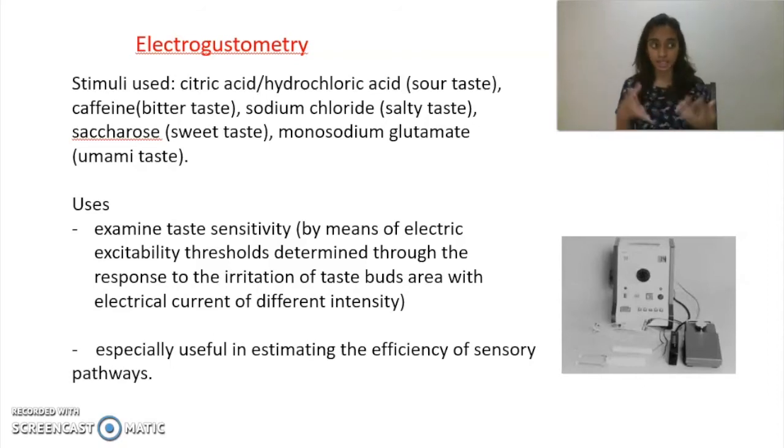This technique is especially useful in estimating the efficiency of sensory pathways. The stimuli used are citric acid or hydrochloric acid for sour taste, caffeine for bitter taste, sodium chloride for salty taste, any type of sweetener for sweet taste, and monosodium glutamate for umami taste.